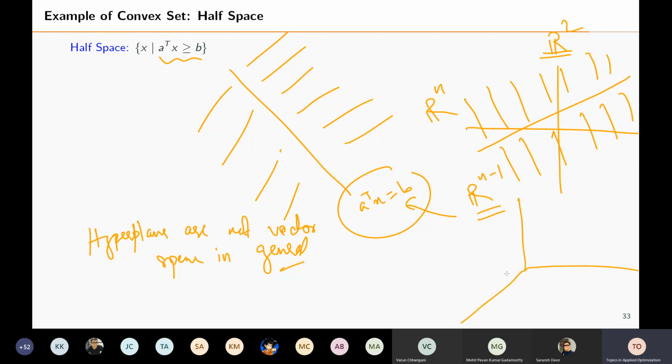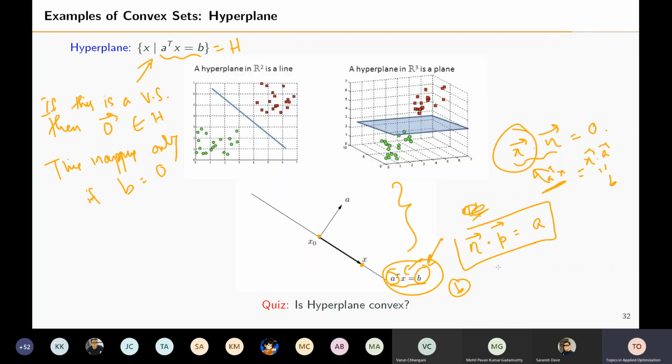If you extend this to R3, I can show you a figure from here. So this is R3 and this is a hyperplane in R3, extending beyond everything. It's not like I have restricted this, because hyperplanes are not restricted.